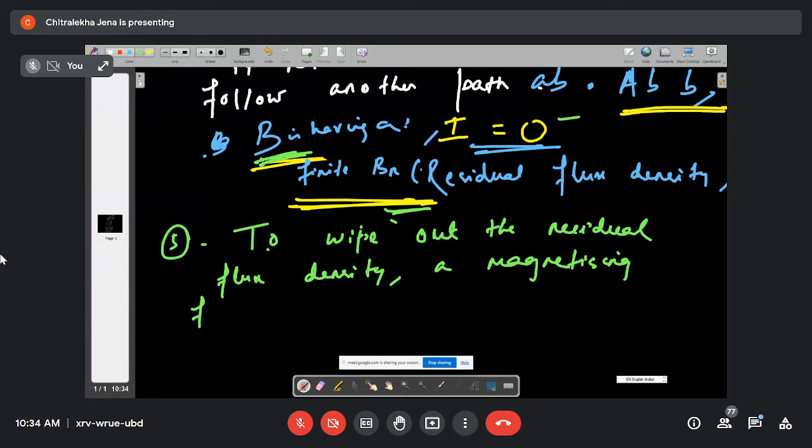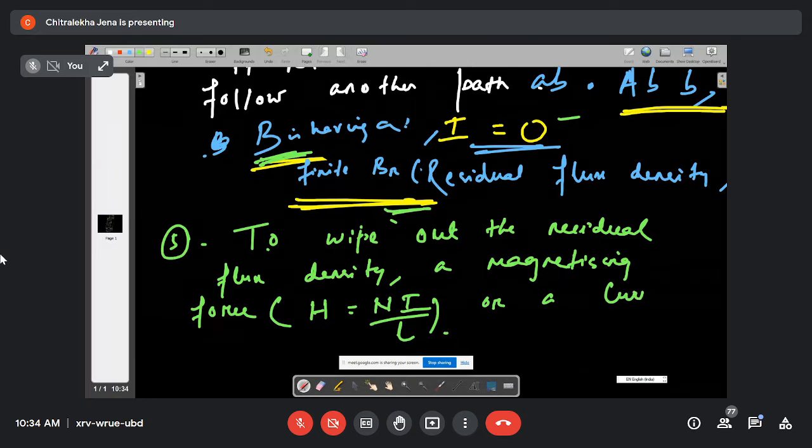Magnetizing force means what? Obviously, magnetizing force is your H. H is equal to Ni divided by L, or you have to pass a current in the reverse direction. To wipe out the residual magnetism, a magnetizing force or a current is applied in which direction?